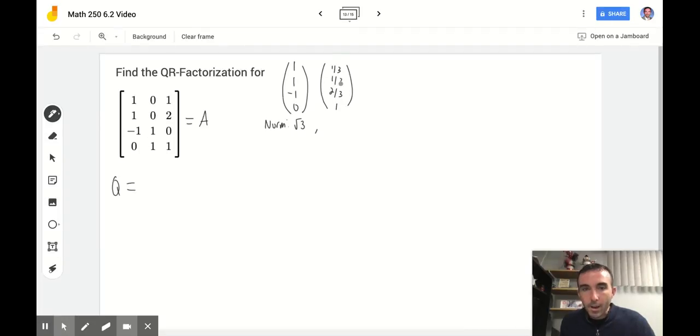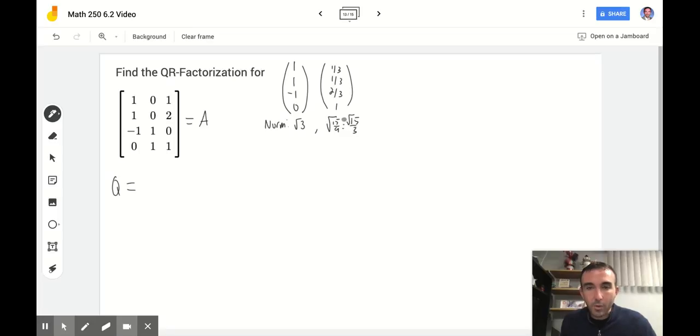If I add up the squares of each of those, I have a ninth, 4/9, and then 1. So that would be 6/9 plus 1. We can make 1 9/9. So 6/9 plus 9/9, that is 15/9. And if I take the square root of that, that is just radical 15 over 3.